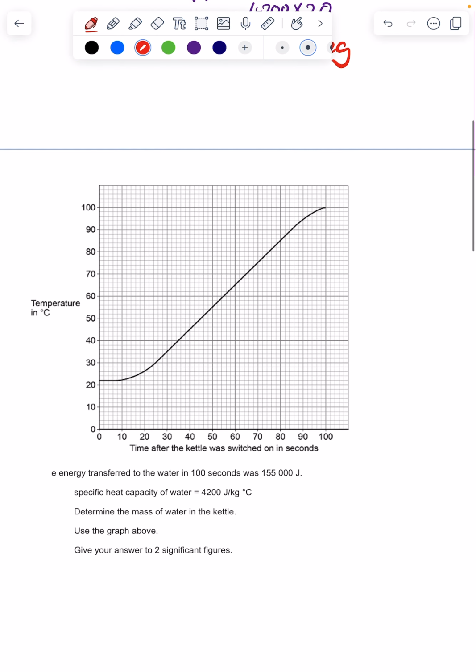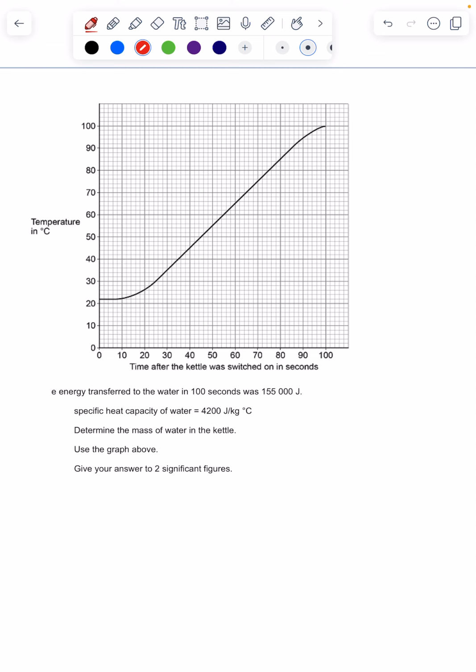Next question. We've got the energy transferred was 155,000 joules. We get given the heat capacity of 4,200, and we've got to determine the mass. The other thing to note here is to give your answer to two significant figures.